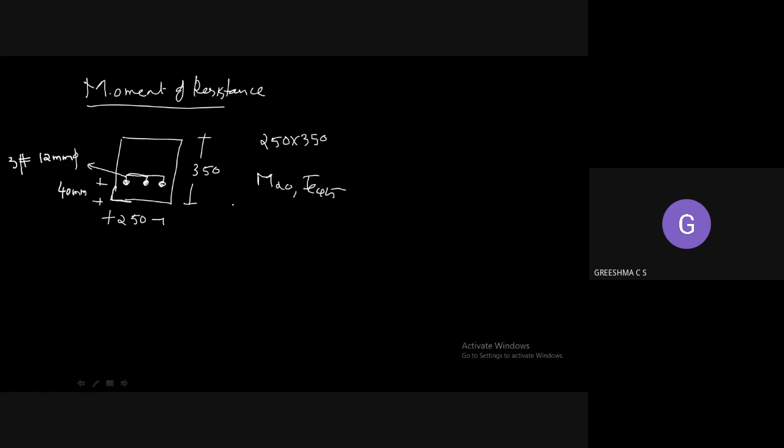You have to find out the moment of resistance. They have not asked you to find out the design. This is an already designed beam. We only need to find the moment of resistance, nothing else. We don't need to think more about it.